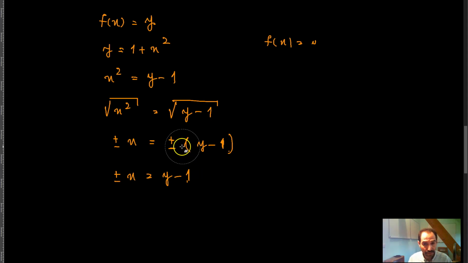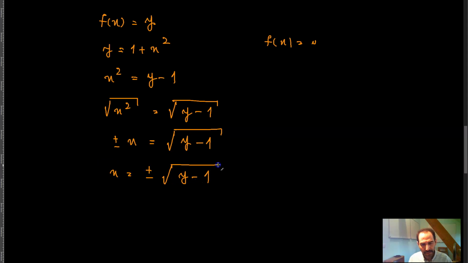I cannot, of course, take the square root of y minus 1 this way, right? This is actually not possible. So I have to write this as the square root of y minus 1, right? And since that is the case, I can say that x is equal to plus or minus the square root of y minus 1.